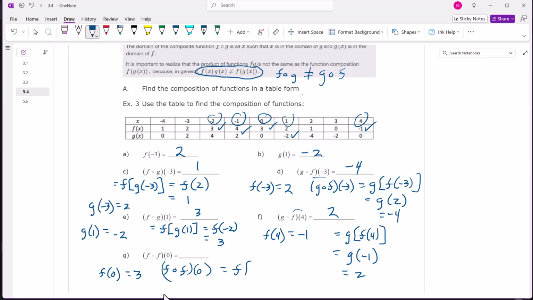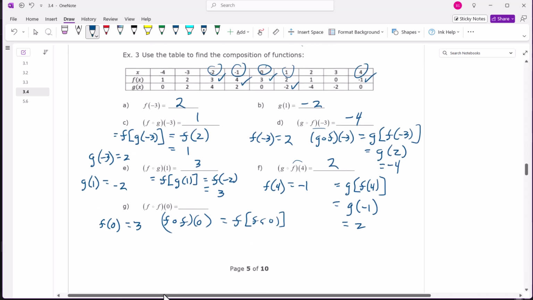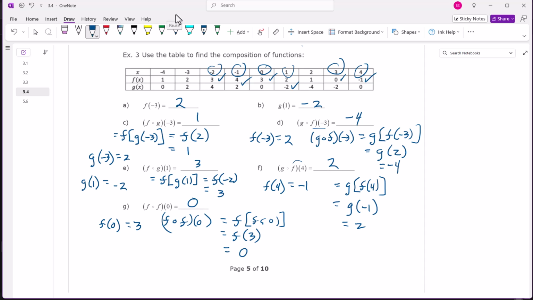We do f of 0. But we just worked out that f of 0 is 3, so ultimately we do f of 3. And f of 3, look at the table, that's equal to 0. Okay, so that's how you would use a table to find a composition. It's a good way to start.